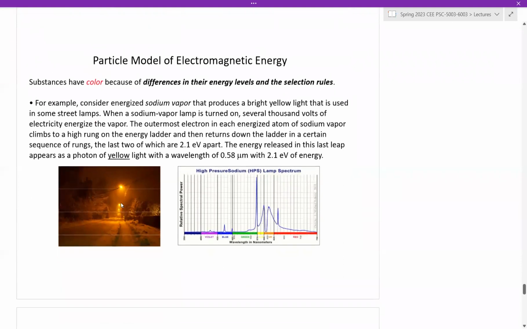So this sodium lamp, when we pass current through the bulb, will emit photons in different regions, but mostly in the yellow, orange, red color, or the transition between green and red. And that's the reason we get this coloration.